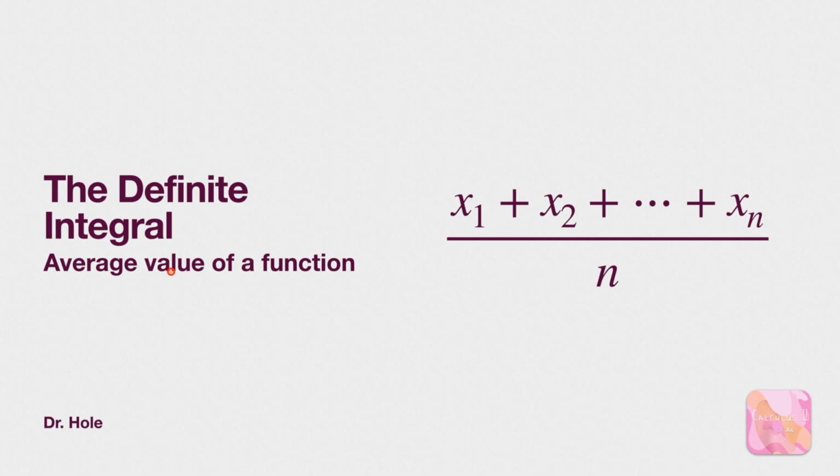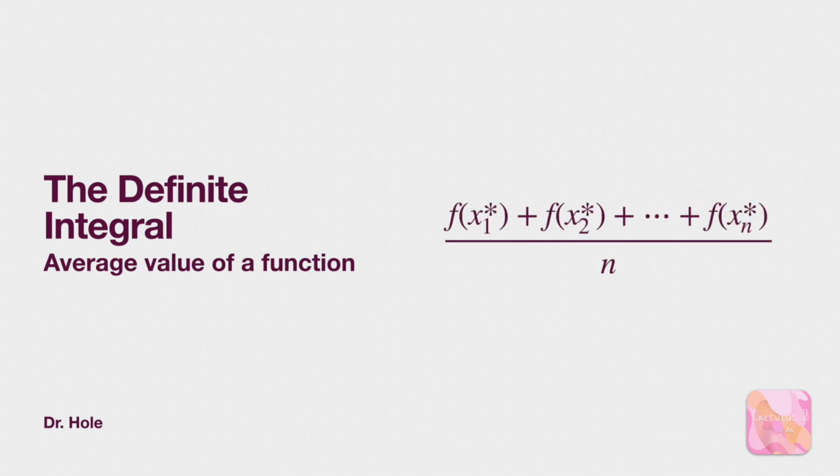For us, since we're going to be interested in deriving average value of a function, let's take these n values as function outputs. And I've used the notation x_i star to be reminiscent of a Riemann sum.